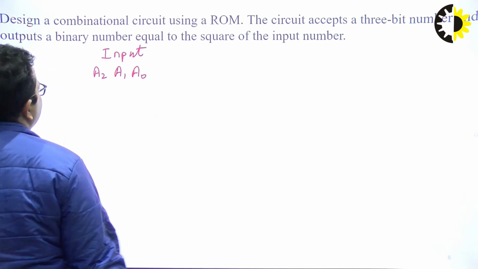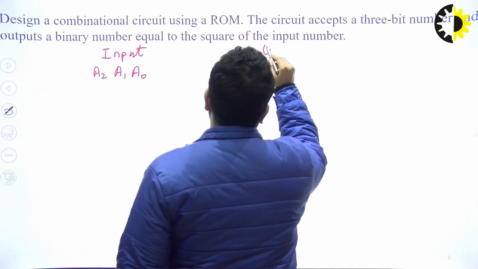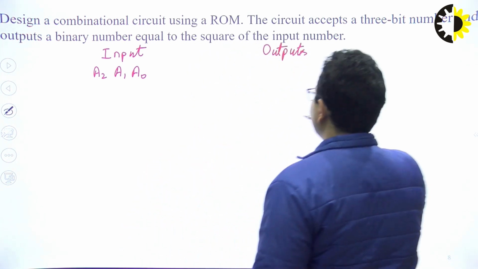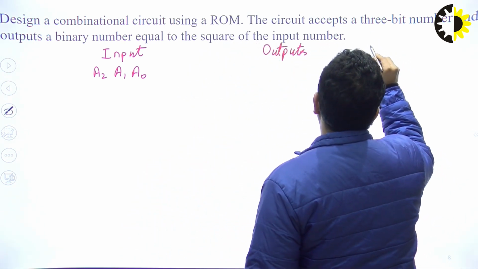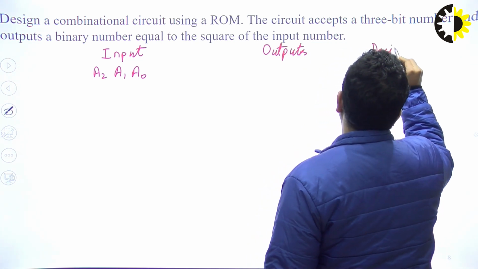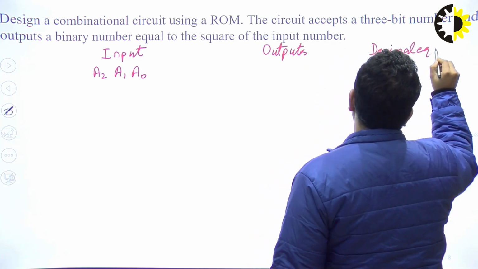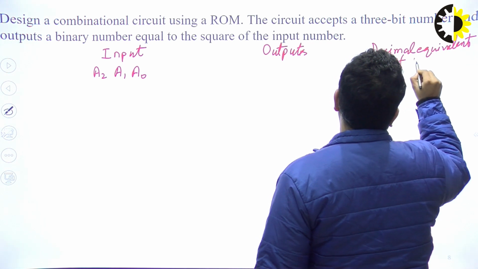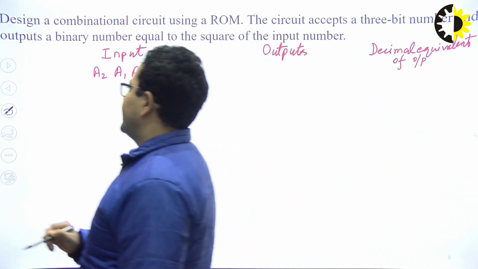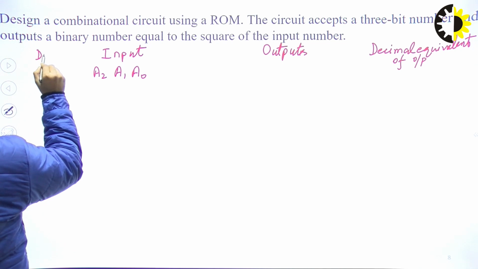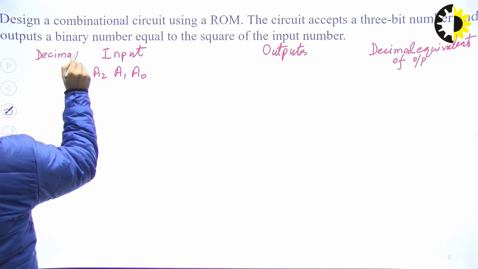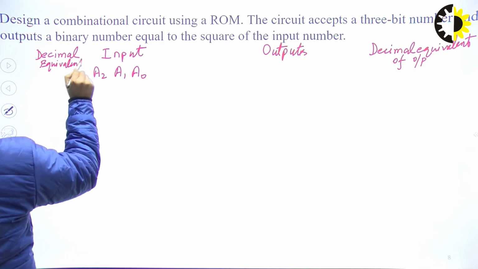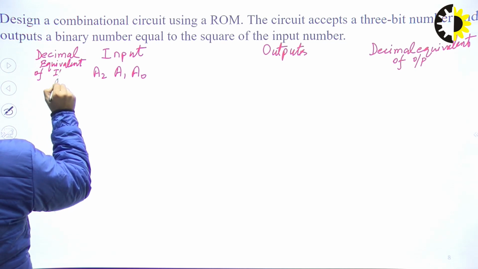Basically we have inputs and outputs, and from this output we also have the decimal equivalent of the output, and on this side we are writing the decimal equivalent of the input.